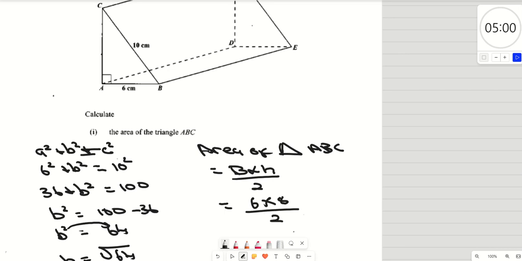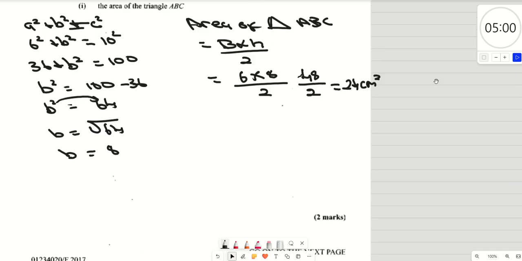That's 48 divided by 2, which is equal to 24 centimeters squared. And that is how you would find the area of triangle ABC.